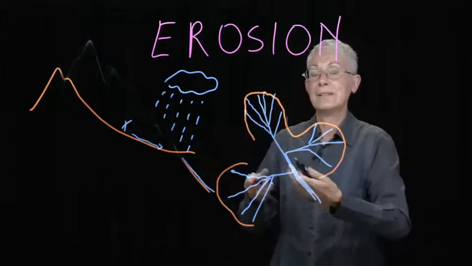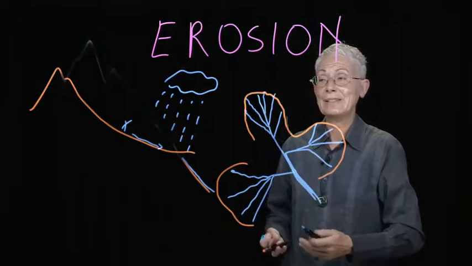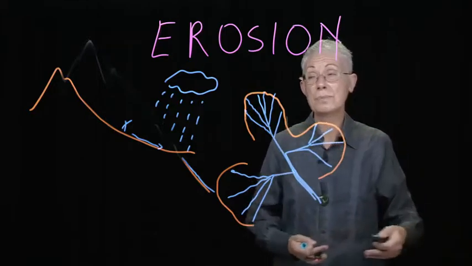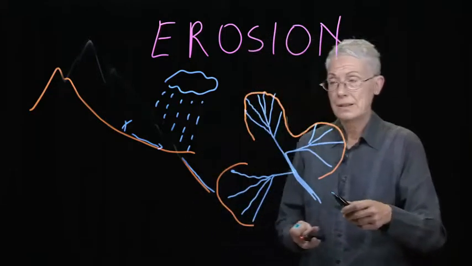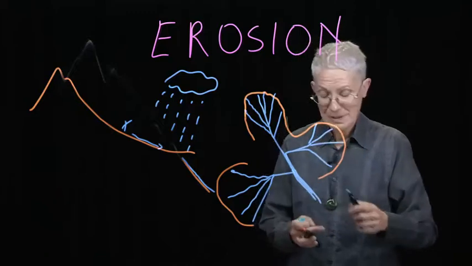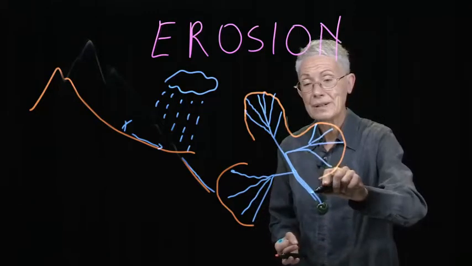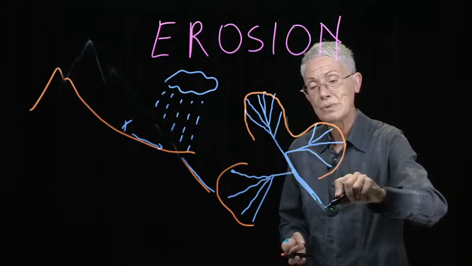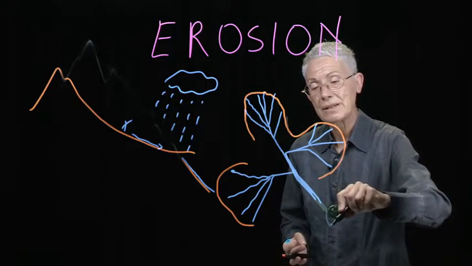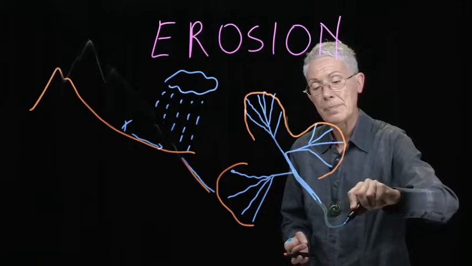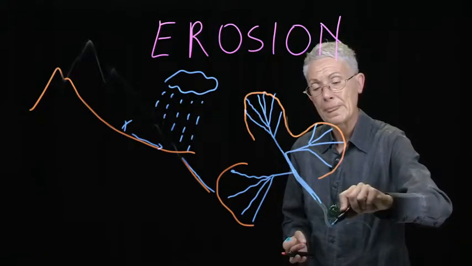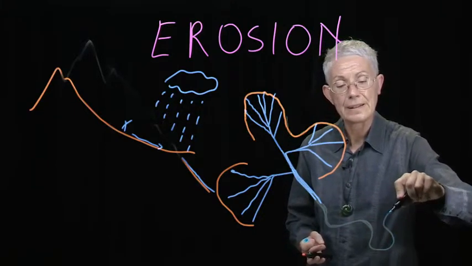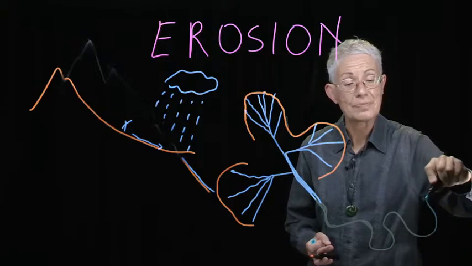So it will deposit the larger particles that it cannot transport. At a certain point in space, the river might start to do something like this, meander. It's becoming sinuous.